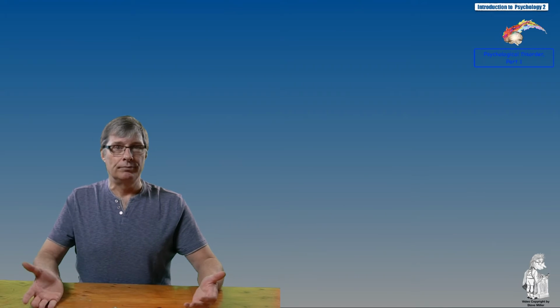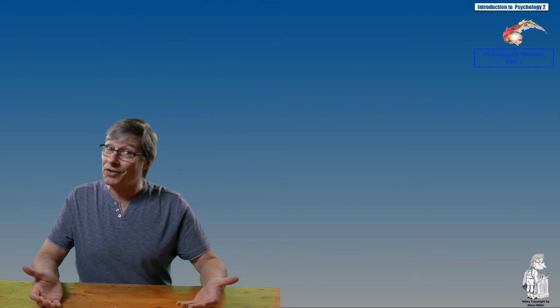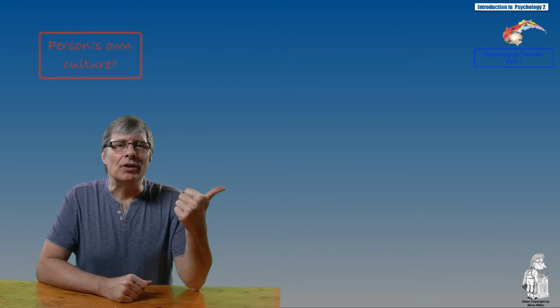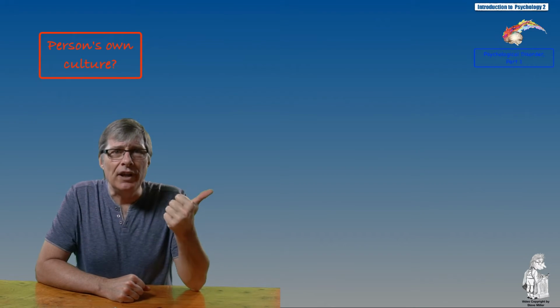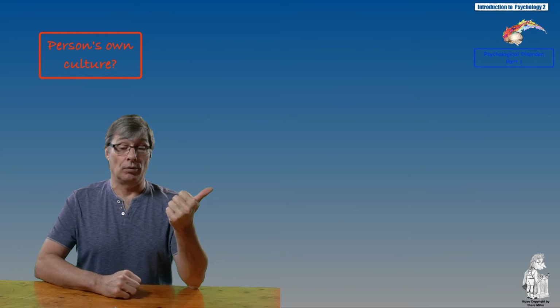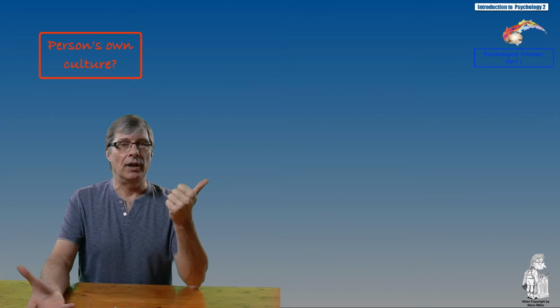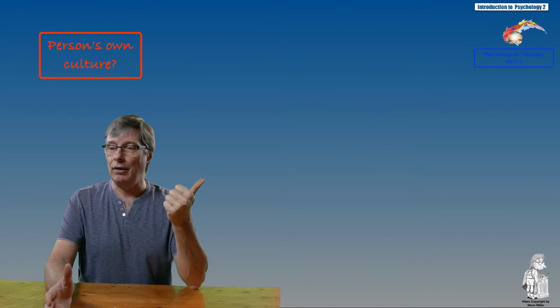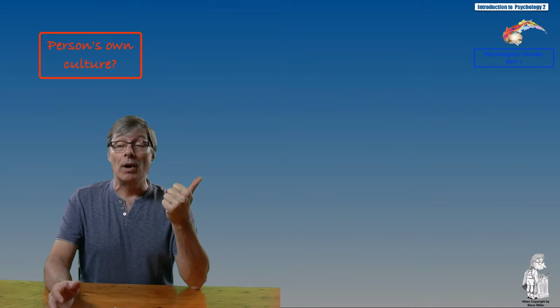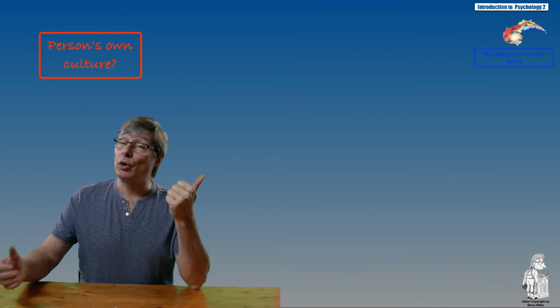In order to start, let's first determine what differentiates normal from abnormal. We're going to look at some conditions. One condition: is the behavior considered strange within the person's own culture? This highlights that not every culture sees behavior in the same way. What might be abnormal in one is normal in another.